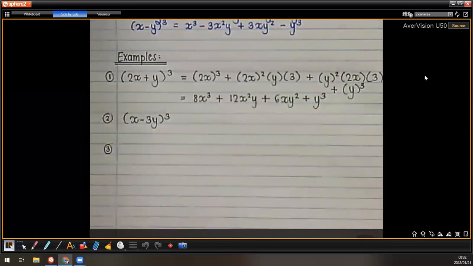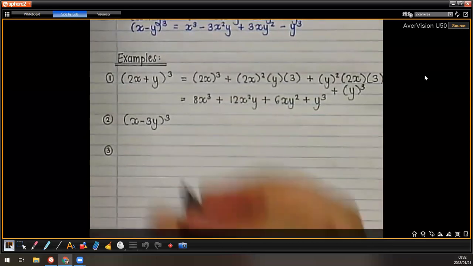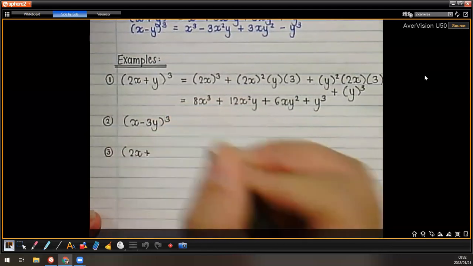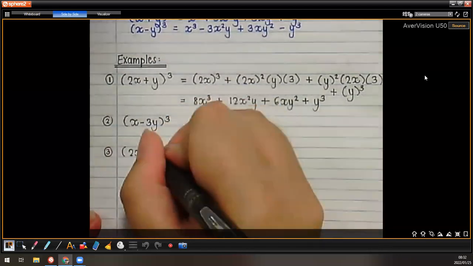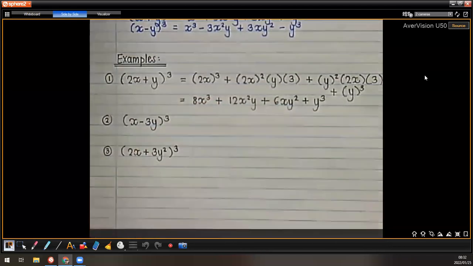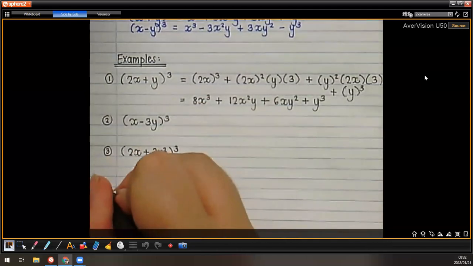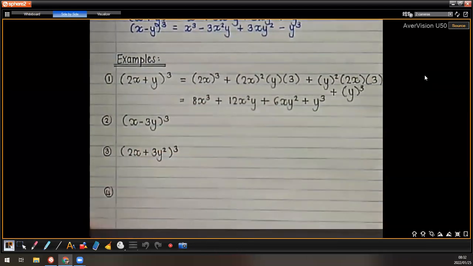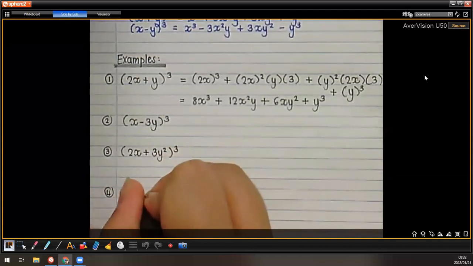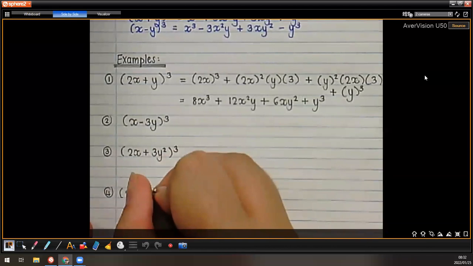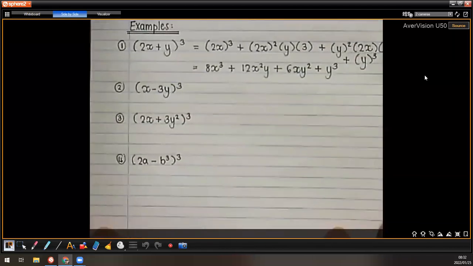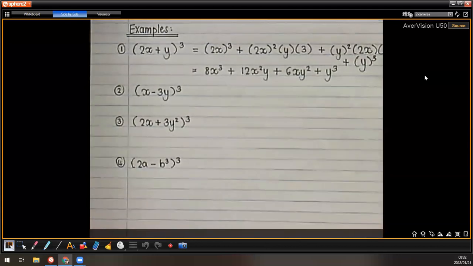I just tried to save some paper by doing the first line. Okay, there are 3 for you to do. I'll give you some time to do those.